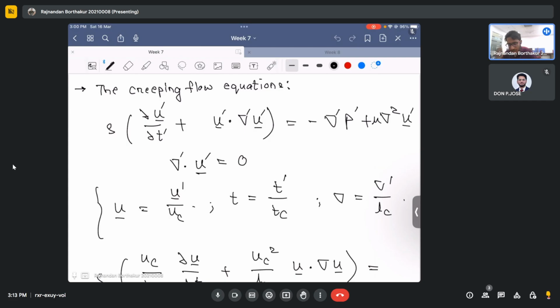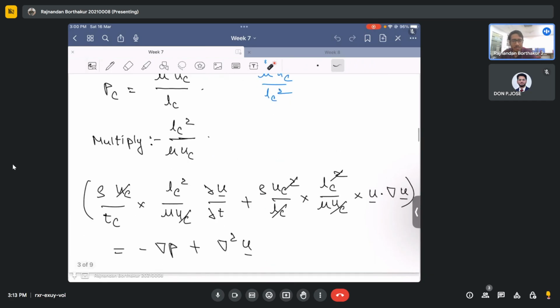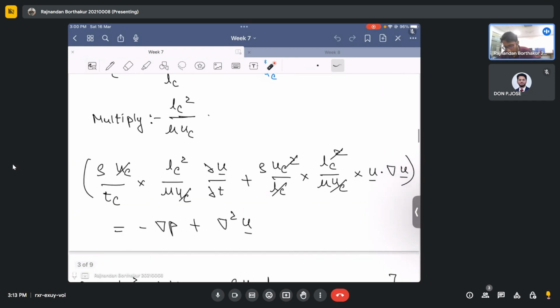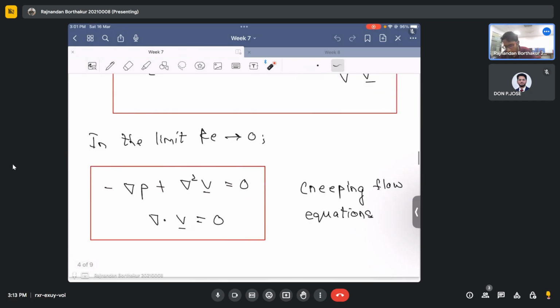So in the previous week, we basically looked at the creeping flow equations, where we invoke the assumption that the Reynolds number basically goes to zero, and we non-dimensionalize this. Eventually, in the limit when Reynolds number goes to zero, we end up getting two linear sets of equations.